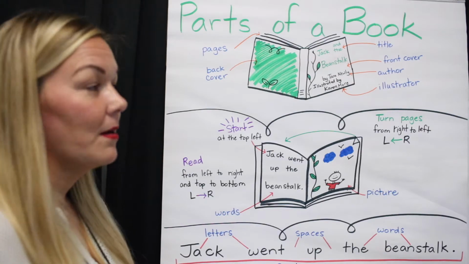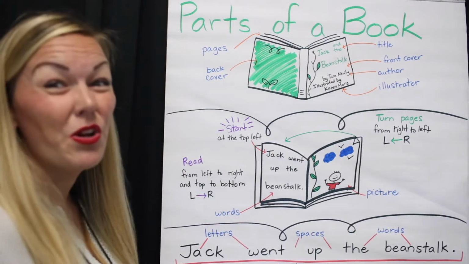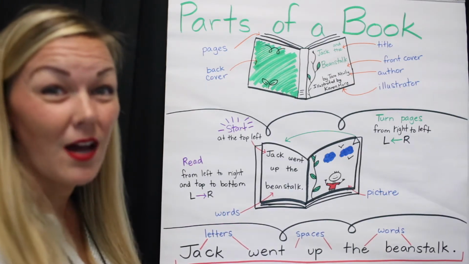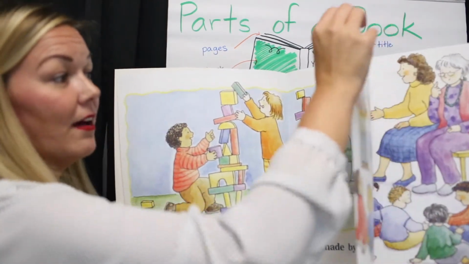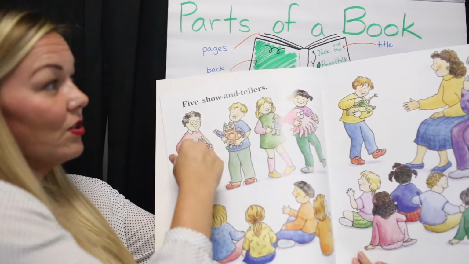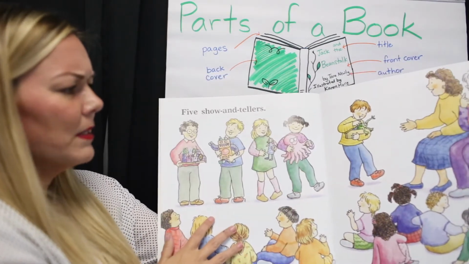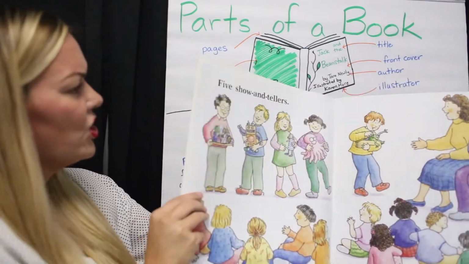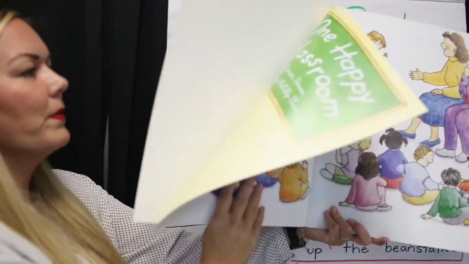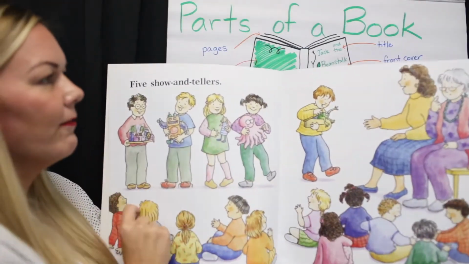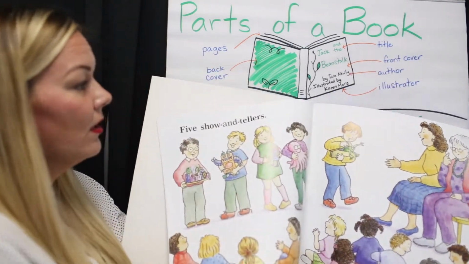Then it came time to go to the next page. And do you know what she did the same every single time? She turned the page from right to left. So she turned to the next page. And I thought to myself, she started at the beginning of the book with the front cover and opened it and turned the pages every time to get a new page.